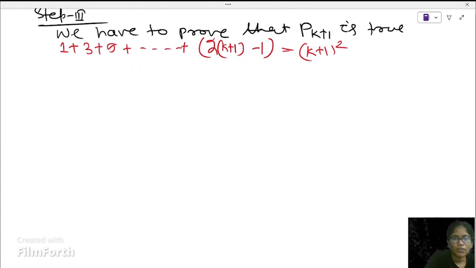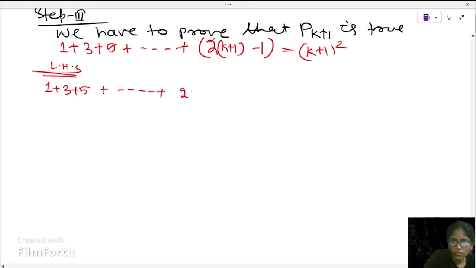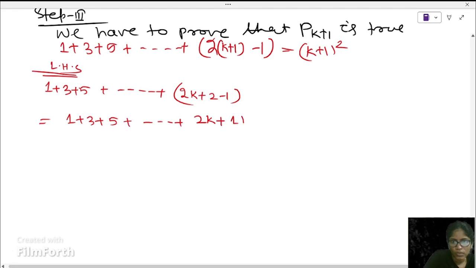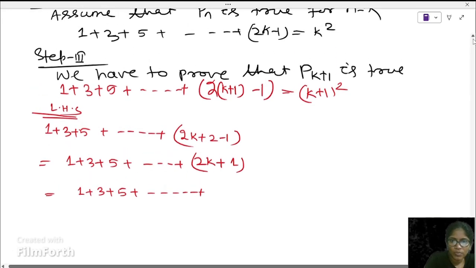Now from the left hand side, 1 plus 3 plus 5 plus up to 2 into k plus 1 minus 1. Simplifying this, it will be 2k plus 2 minus 1, which is equal to 2k plus 1. We can write this as 1 plus 3 plus 5 plus up to the previous term of 2k plus 1, that is 2k minus 1, plus 2k plus 1.